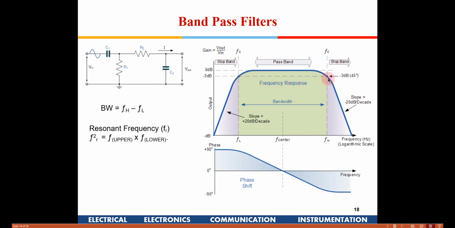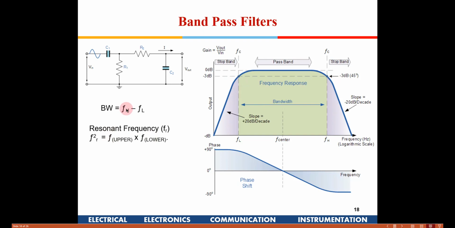The high pass filter will define this point, because a high pass filter is not going to allow the low frequencies, and the low pass filter will define the other point.